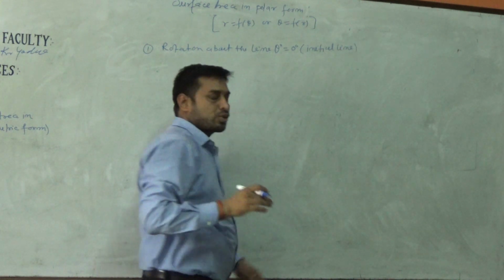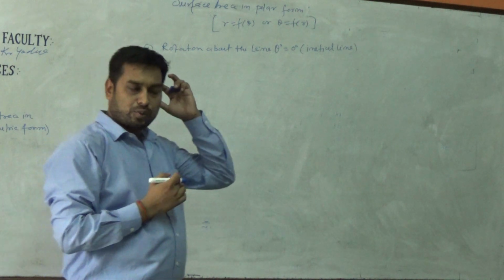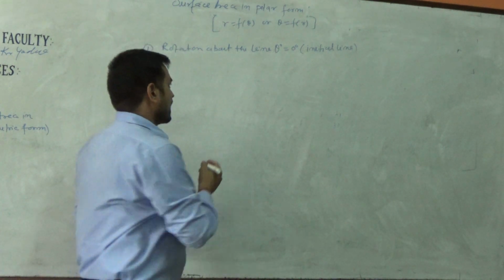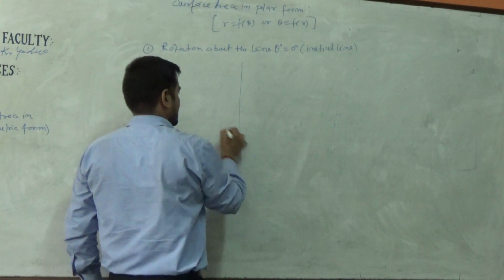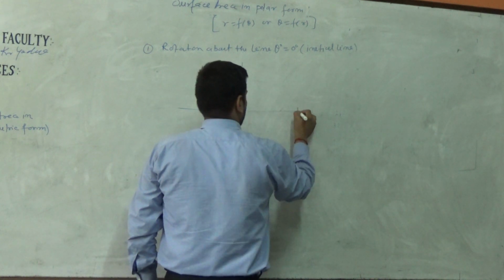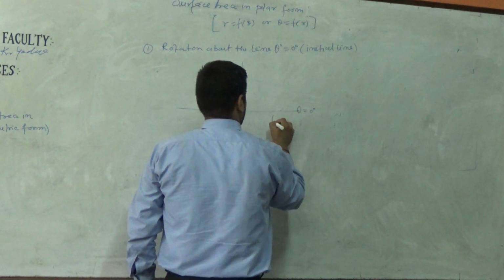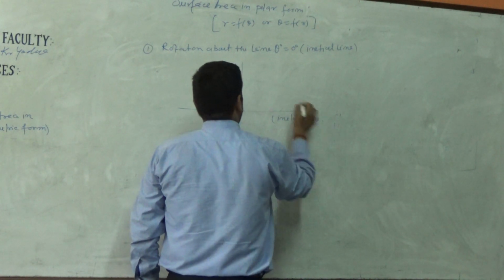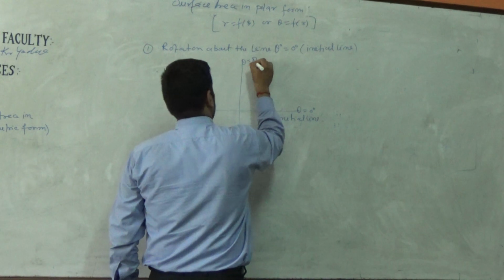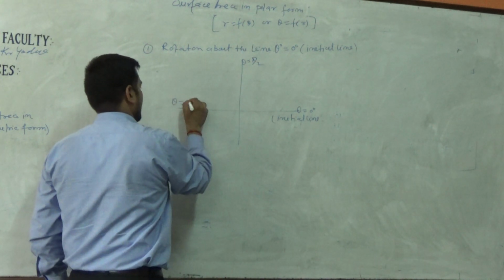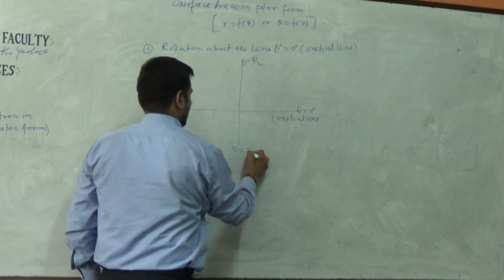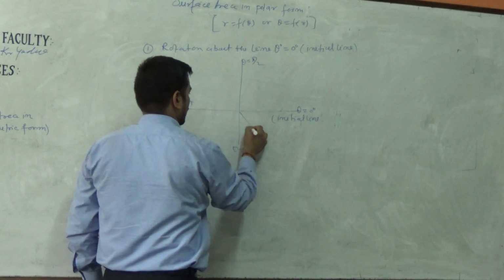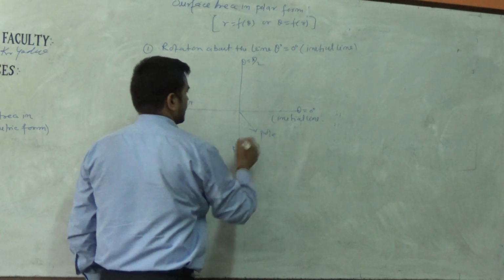When the curve is rotated about the line theta equal to 0 degrees, or the initial line, in the polar coordinate system, theta equal to 0 is the initial line, and theta equal to pi by 2, theta equal to pi, and theta equal to 3 pi by 2. That is the pole in polar coordinates.